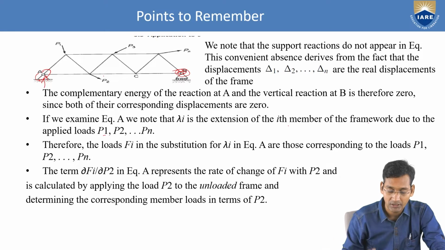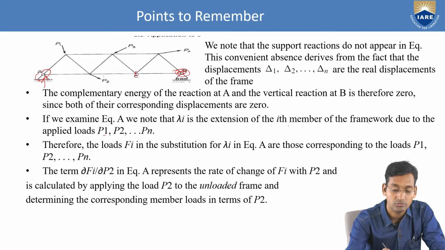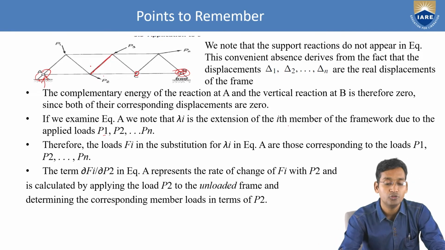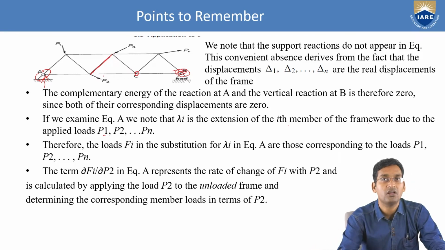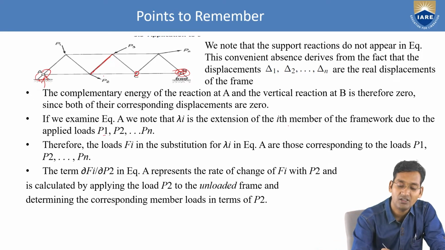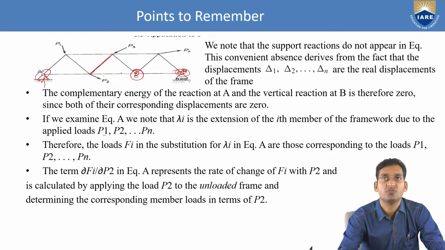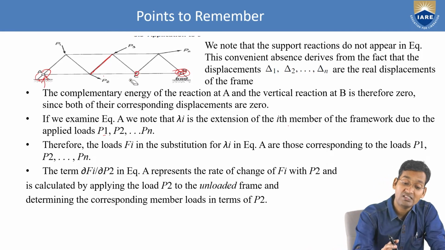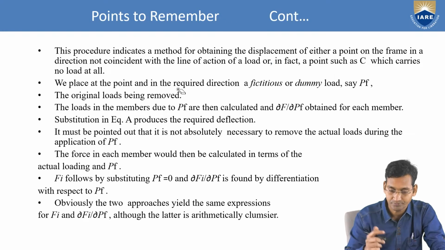Meaning what? Here at C there is no load, right? Or here the C along this it's acting, right, along the line of forces. So it's not necessary that force must be along the line of action only. Anywhere we can find. Here at C force is not there, then also deflection at C we can find by this method.